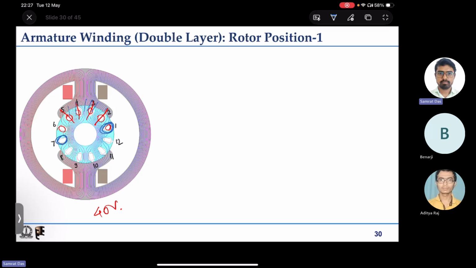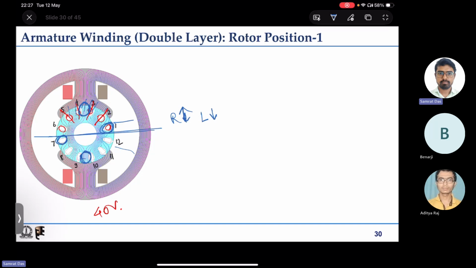But when the same coil comes here, along its axis there is a larger air path, so the reluctance is quite high, so inductance is quite low.